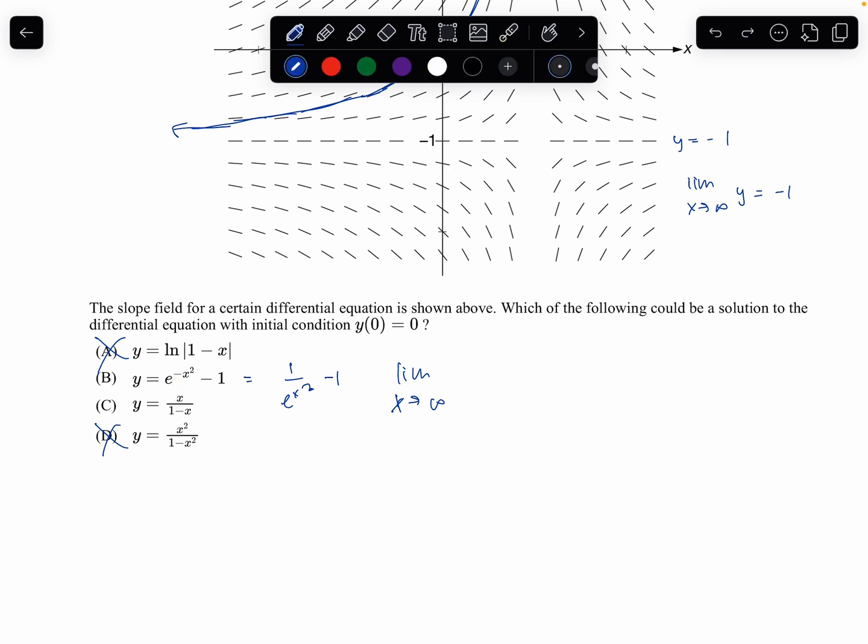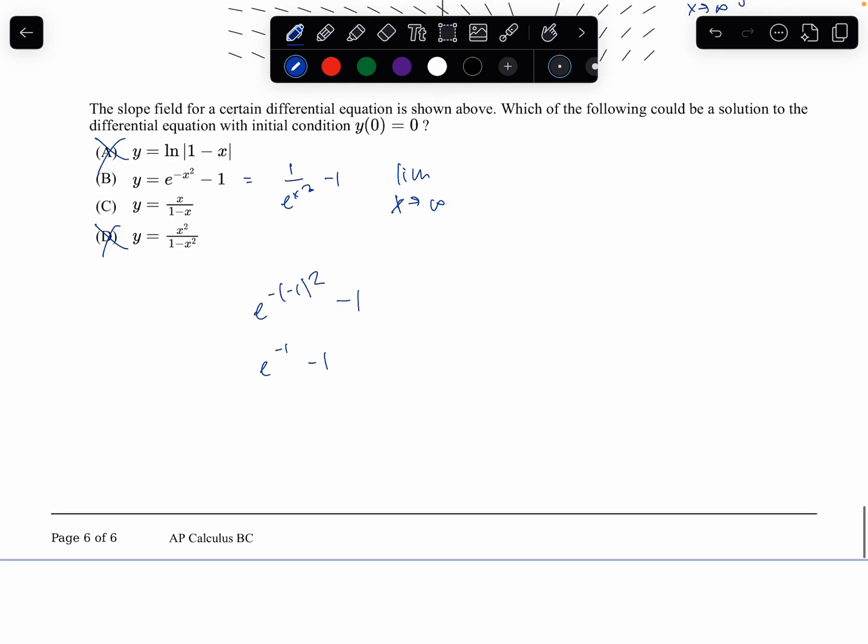If I plug in -1, e to the -1 squared minus 1, that's going to be e to the -1 minus 1. That's 1 over e minus 1. What is 1 divided by e minus 1?